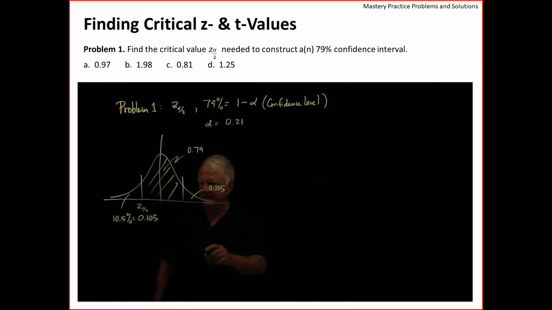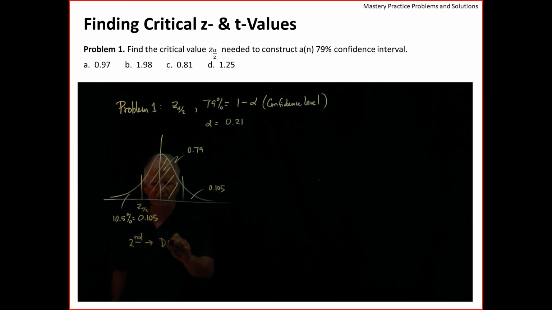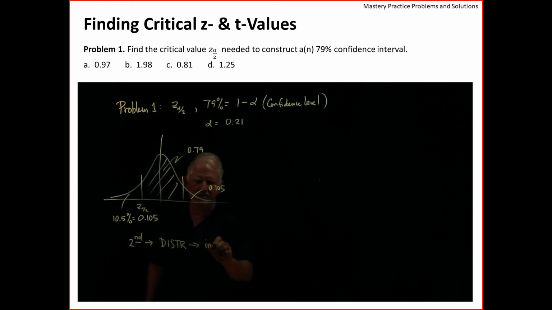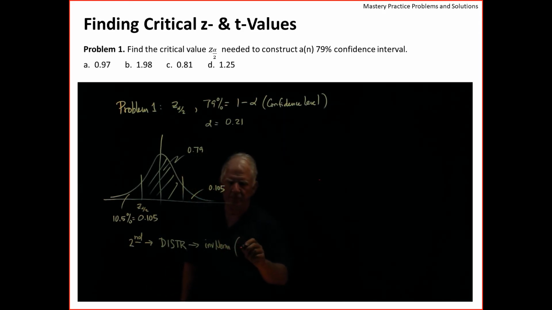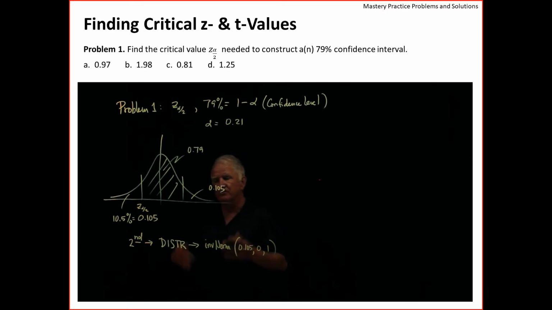And how do you find it? Let your calculator do the work for you. You go second, distribution. The operator that we're looking for is inverse norm. And what goes into inverse norm is the area that we're looking for, 0.105, the mu, 0, and the standard deviation. So how do I know that?